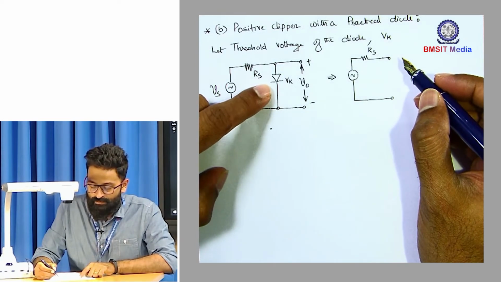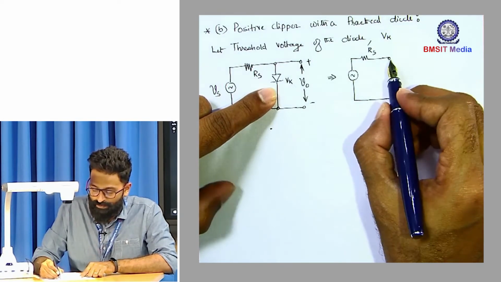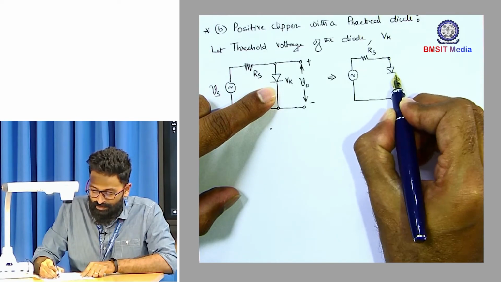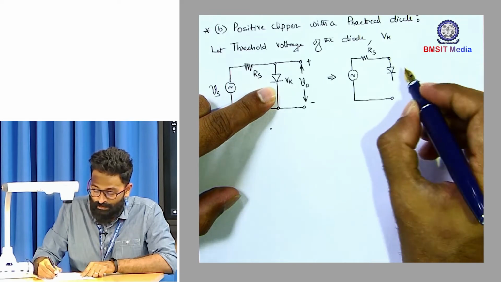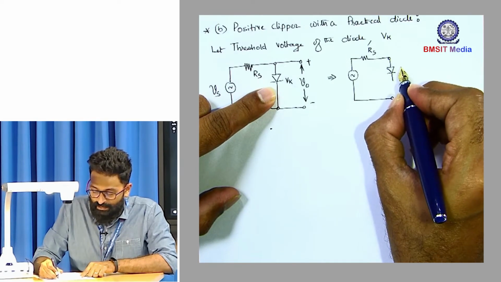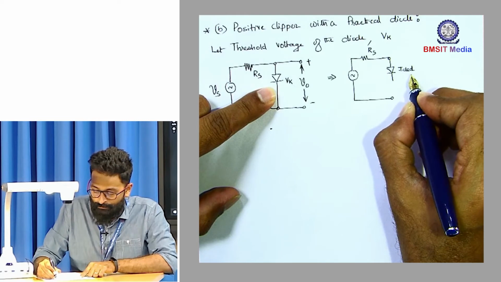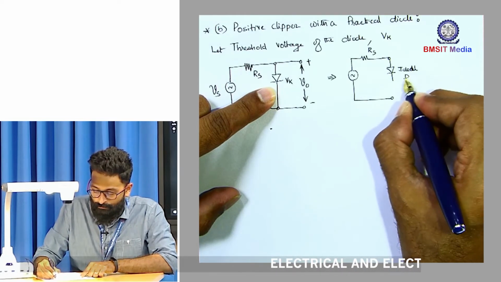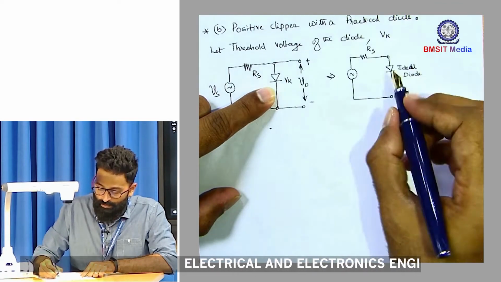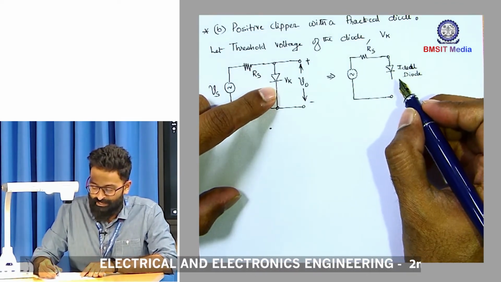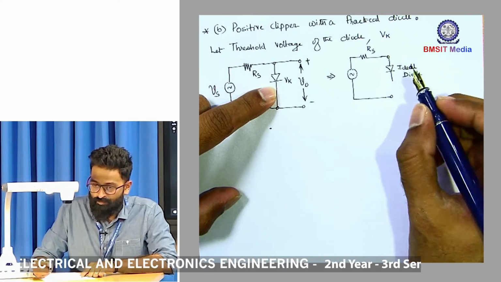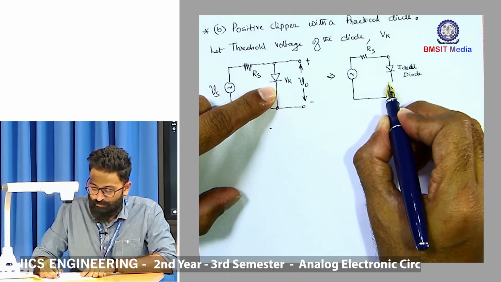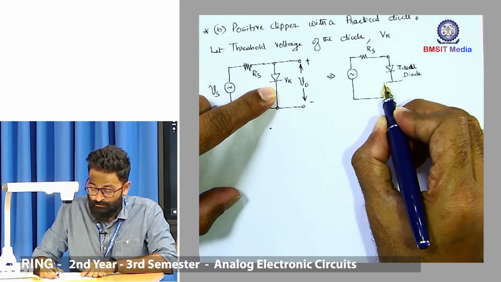So this is a practical diode with a threshold voltage of Vk. So all what you have to do is retain the diode symbol as it is and consider it as ideal diode. Okay. And now you insert the barrier potential. So the property of barrier potential is such that it opposes the diode conduction.